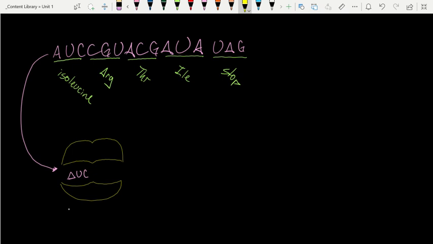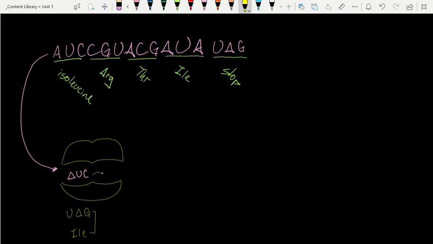The tRNA will read UAG, right? It's the complement of that sequence. And of course, this tRNA is attached to the specific amino acid isoleucine. So the tRNA specifically bound to isoleucine comes because it's recruited to that code. That's how I know that isoleucine is going to go in there.